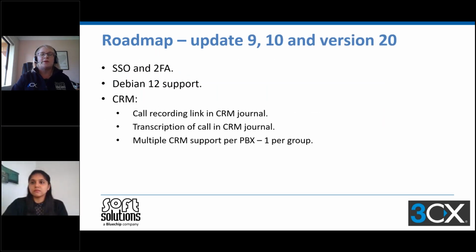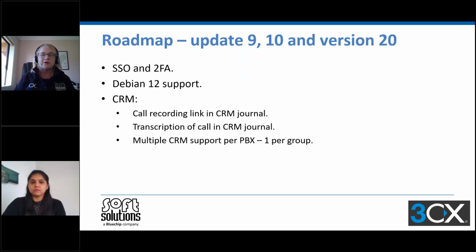So what we do know about the roadmap, and this is just cobbling together bits and pieces that have been shared in recent events, is that we will see obviously update 8 go live, then we will see an update 9 and update 10, and then we'll move to version 20. There will be no version 19, we'll be going to version 20.